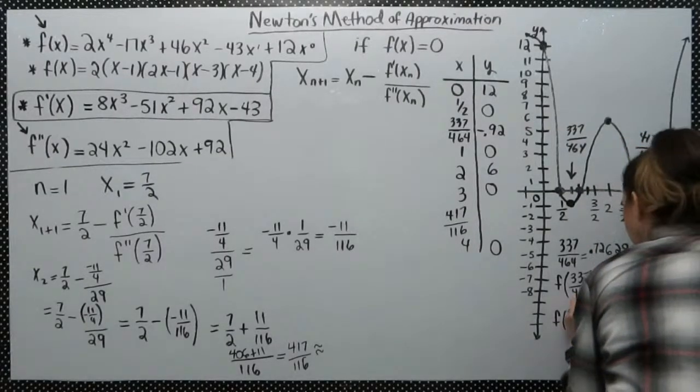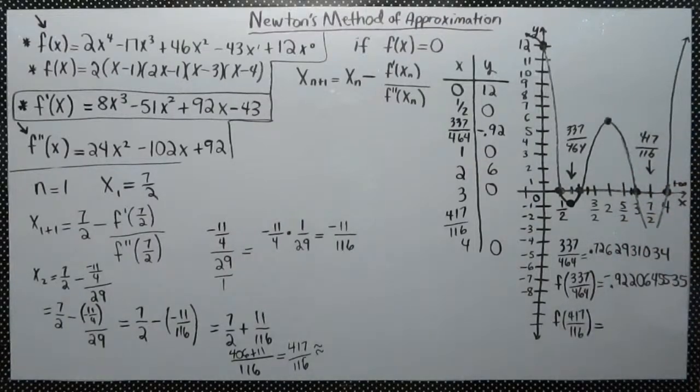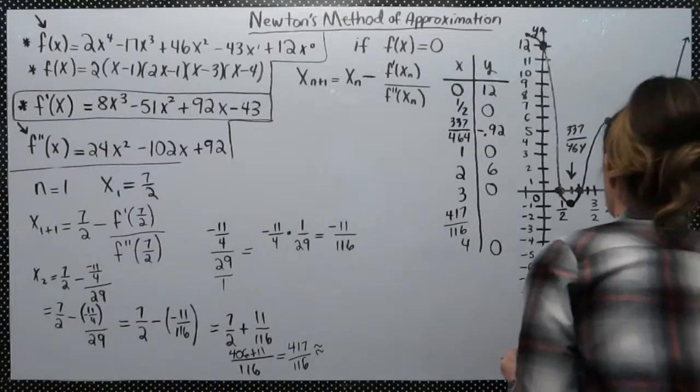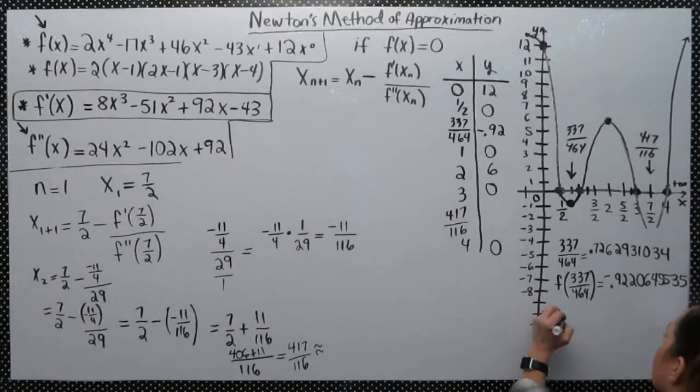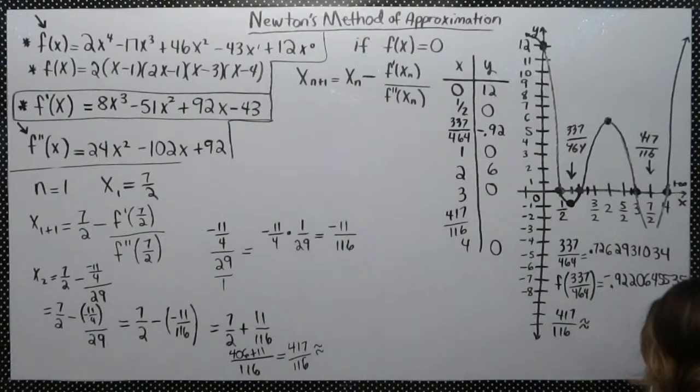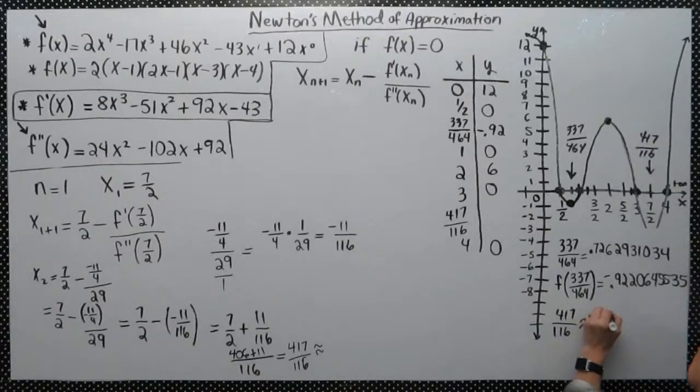Okay, so all we have to do now is take that value. Actually, we'll go ahead and write out the full decimal of it. Here, let's get this down here. Scoot it down just a little bit. So we've got 417 over 116 is approximately, see what the calculator said it was, 3.594827586.